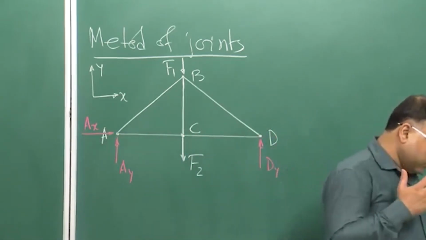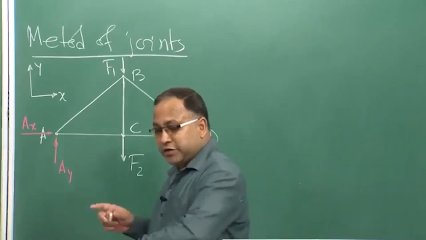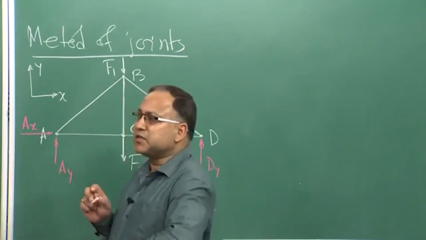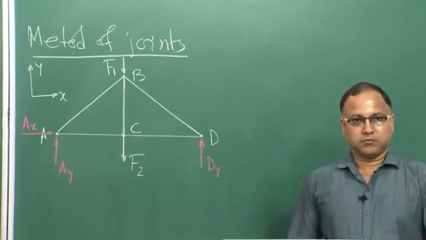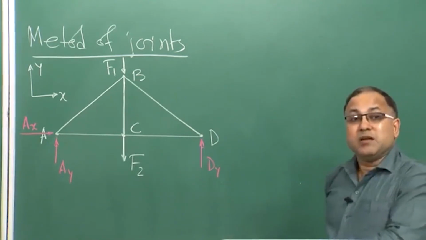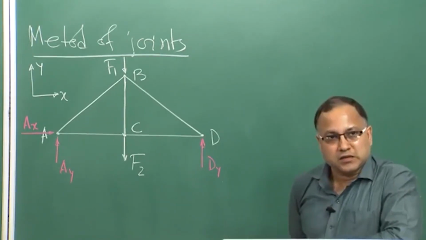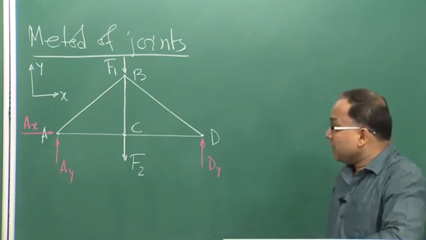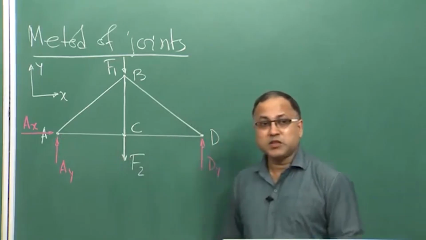Now, what are the things you need to check? First you check whether this truss is externally determinate or not. That means whether you can determine the support reactions. So, how many support reactions do you have?